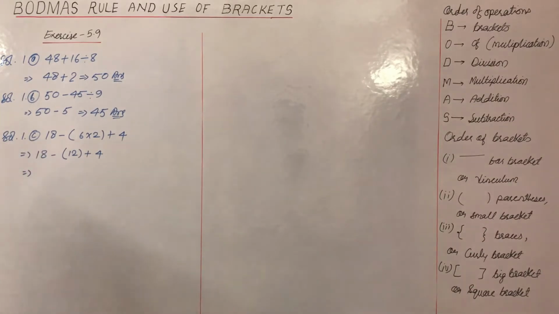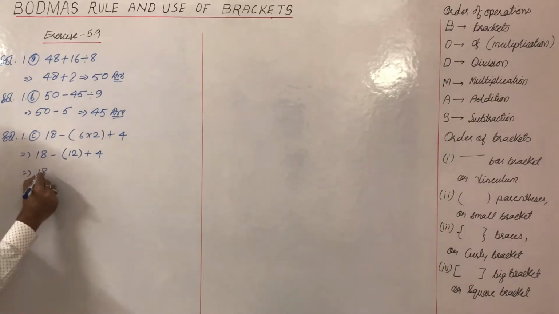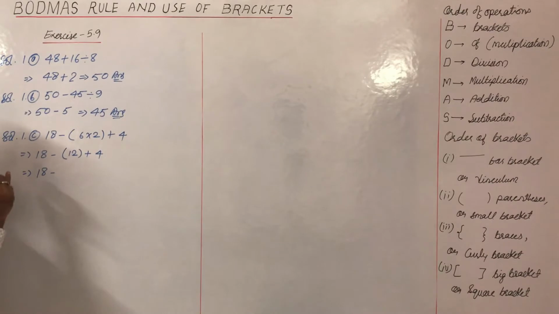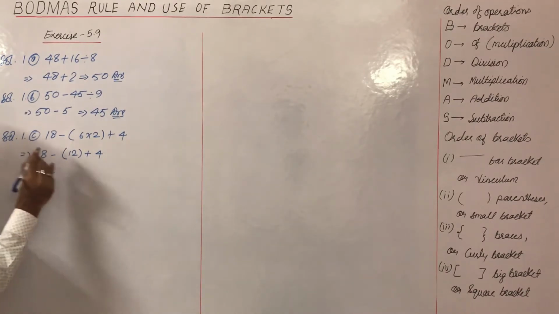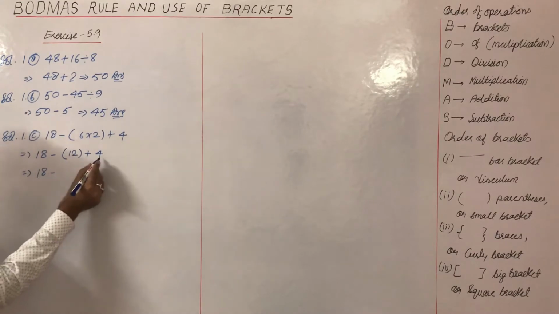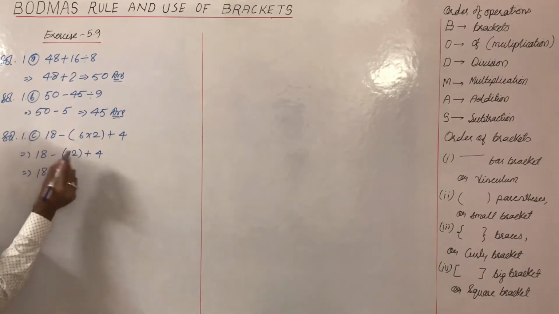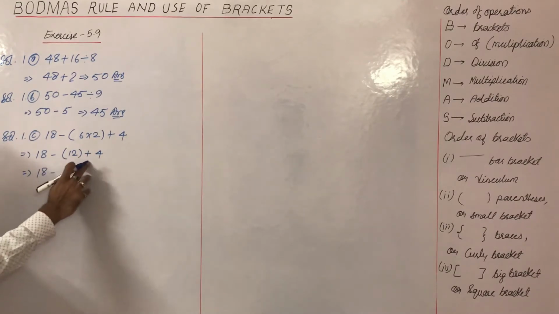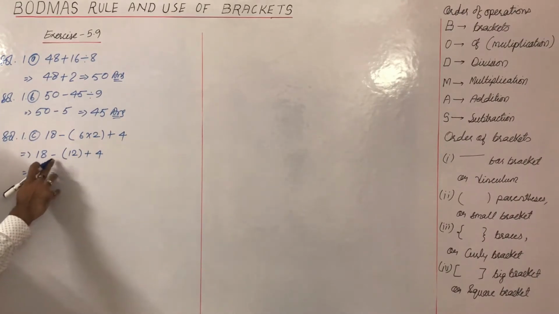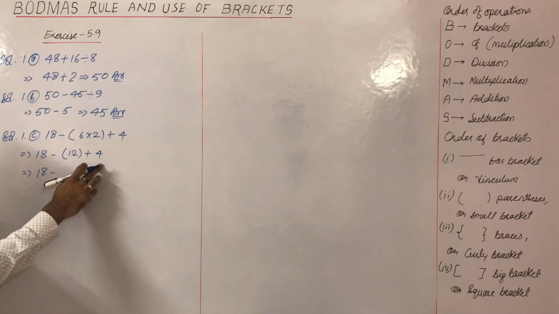Now subtraction and addition. So addition comes first. 18 minus 12 plus 4. So 12 plus 4, it means again we have minus 12 and plus 4.